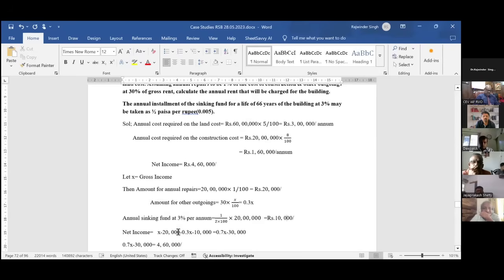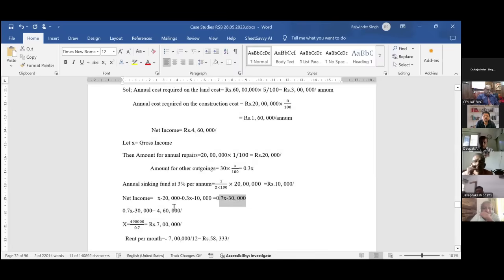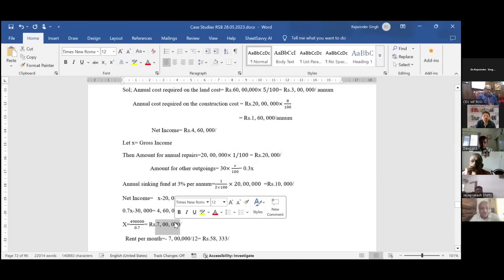So net income is gross income minus 20,000 minus 0.3x, which is other outgoings, and minus 10,000, which is annual sinking fund. So net income is equal to 0.7x minus 30,000. It should be equal to the net income. From here you calculate x, which comes out to be 7 lakh. So rent per month will be 7 lakh divided by 12. It is 58,333.